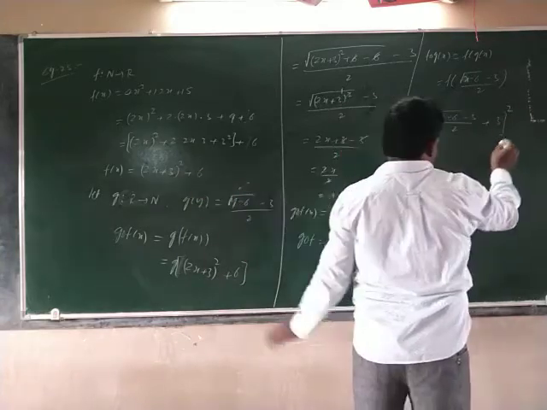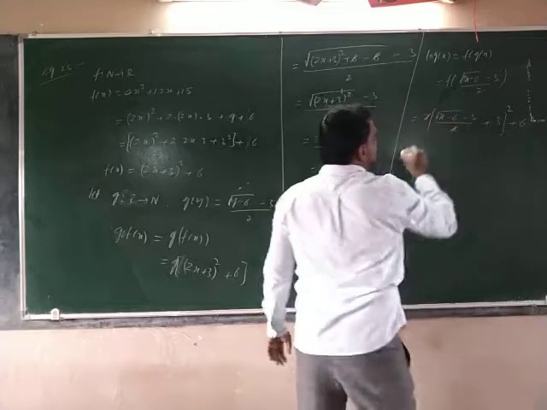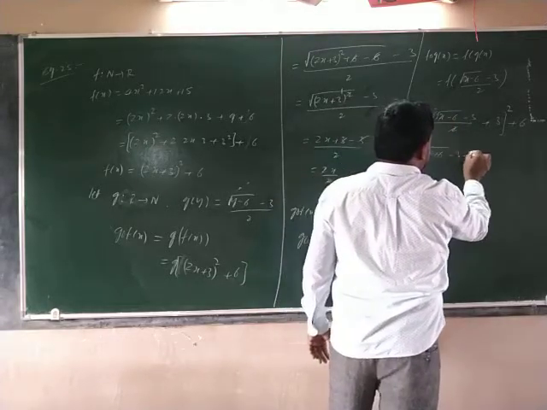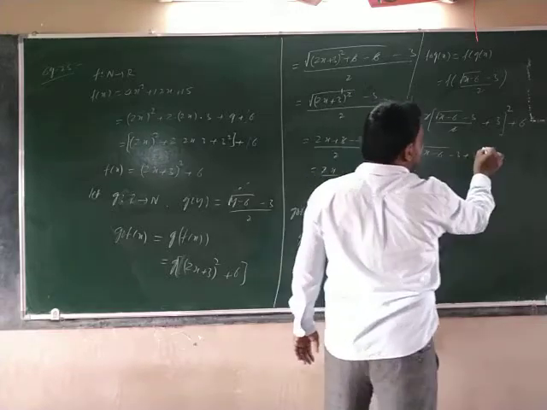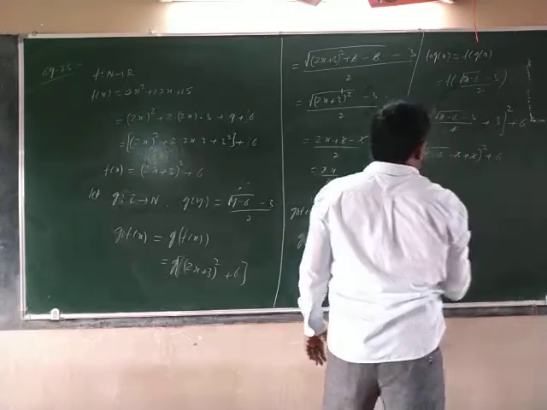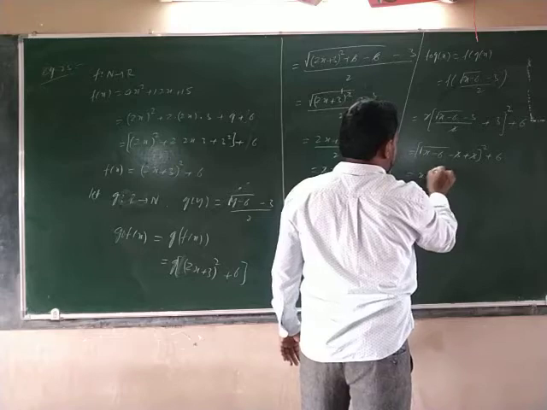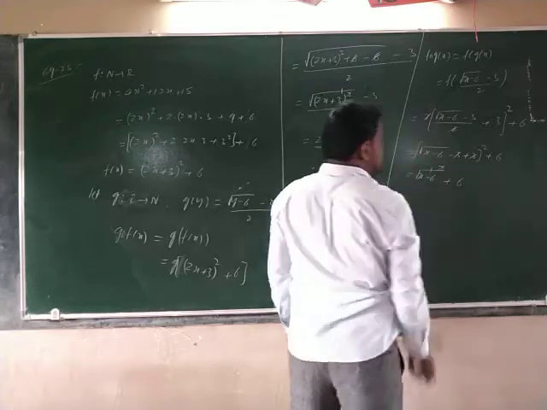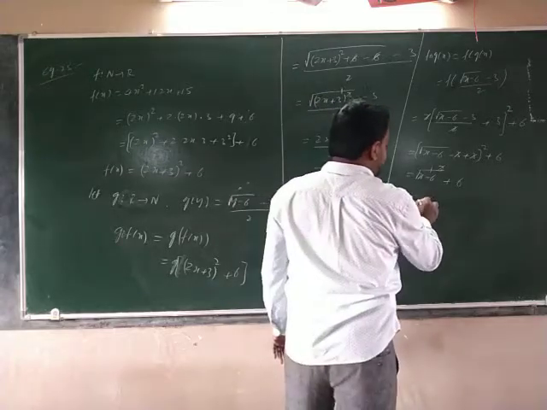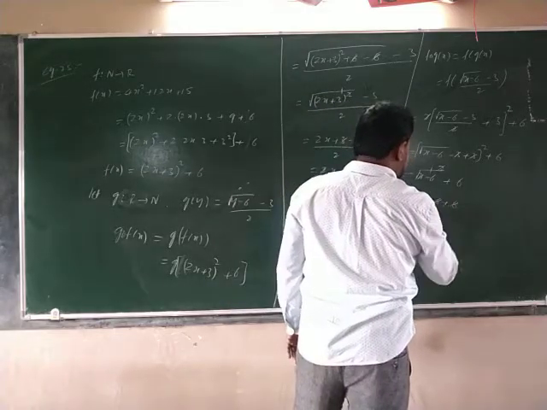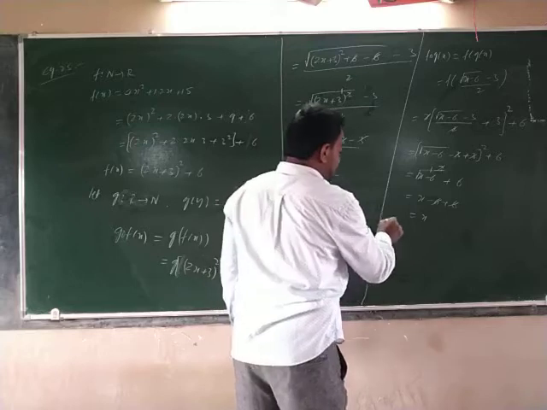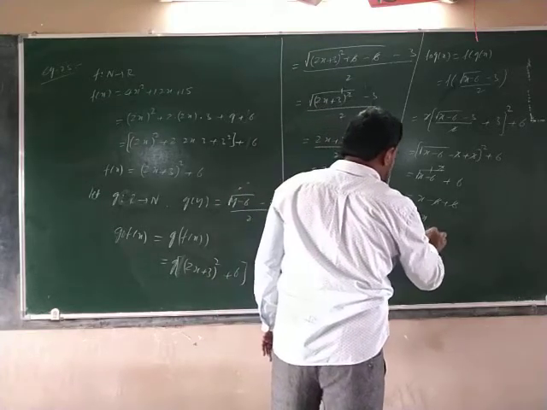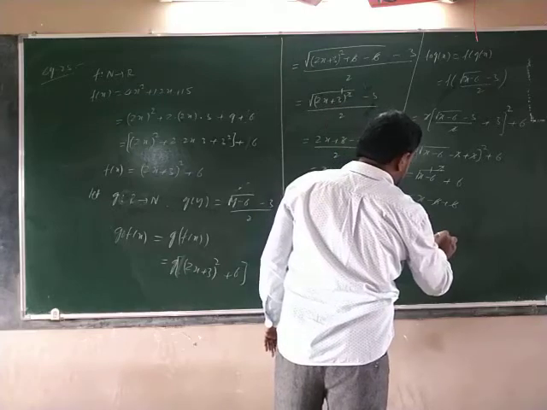Next to this side plus 6. 2 gets cancelled. This is square root of x minus 6 minus 3 plus 3 whole square plus 6. 3 gets cancelled. This is square root of x minus 6 whole square plus 6. So square root gets cancelled. x minus 6 plus 6 gets cancelled. x. Now f circle g of x is equal to, we can write as I_R of x.